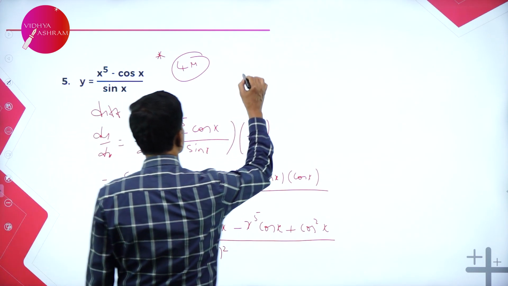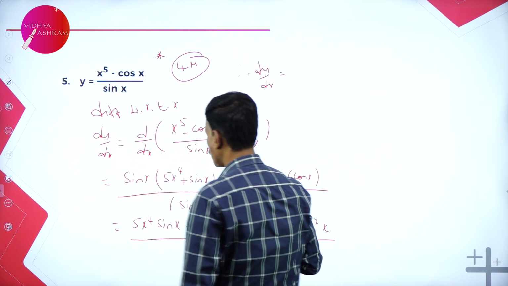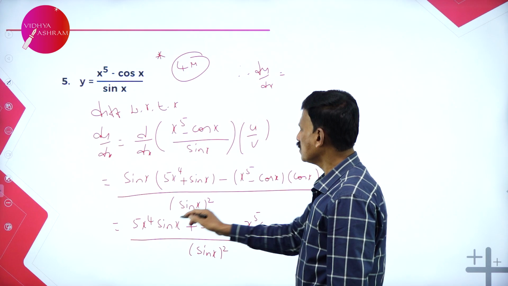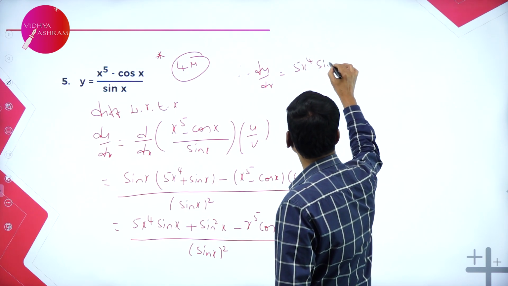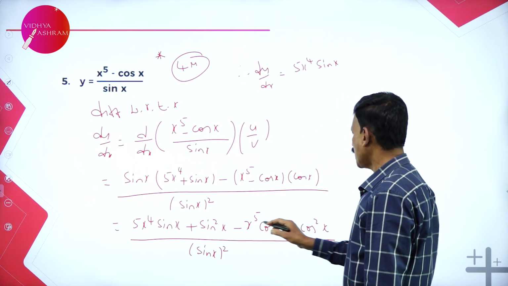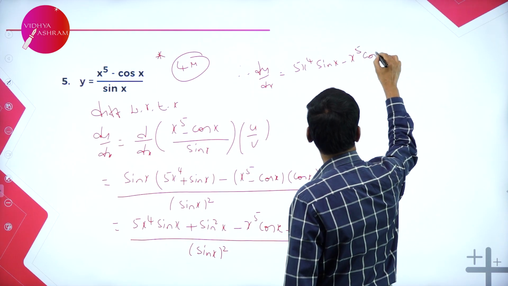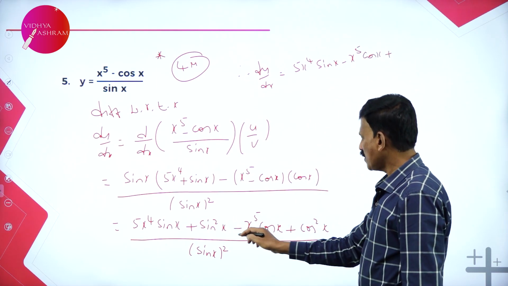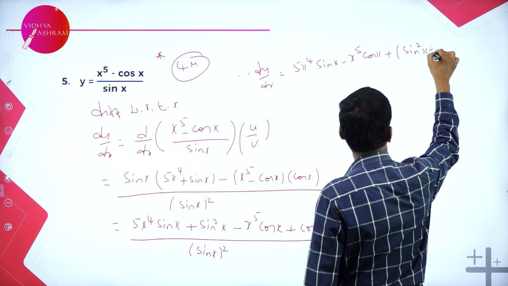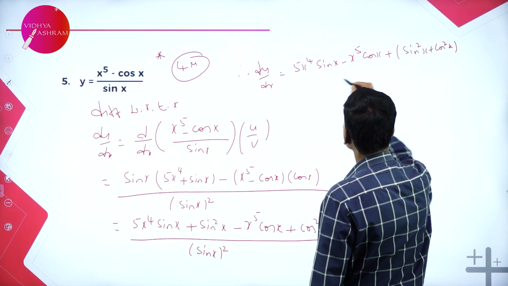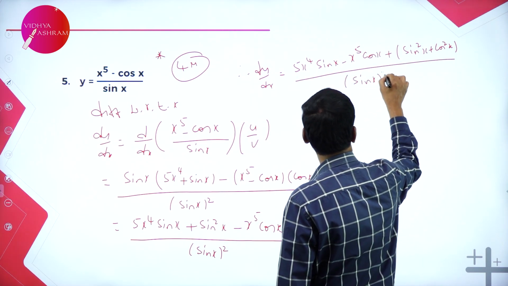Now this can also be written as dy/dx is equal to 5x to the power of 4 sin x minus x to the power of 5 cos x plus what is left over, sin square x plus cos square x, whole divided by the denominator (sin x) whole square.